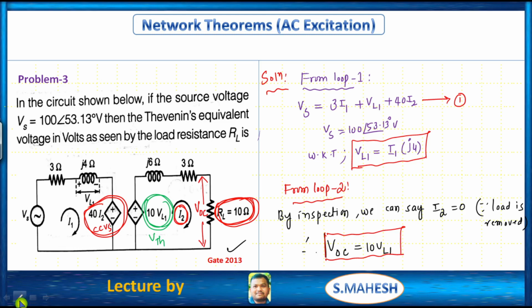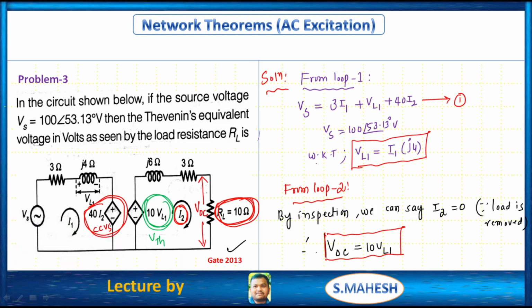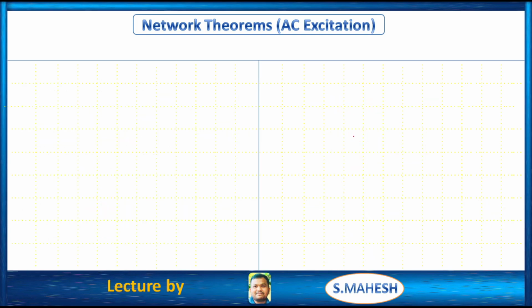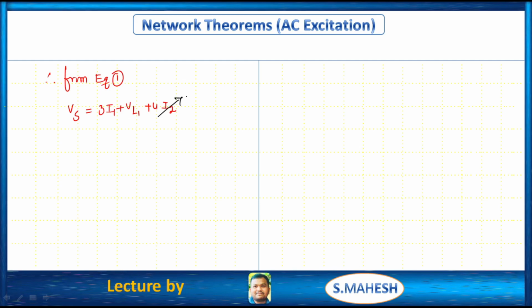Therefore we substitute I2 in equation 1. Equation 1 is 3I1 plus VL1 plus 40I2. But I2 is equal to 0.